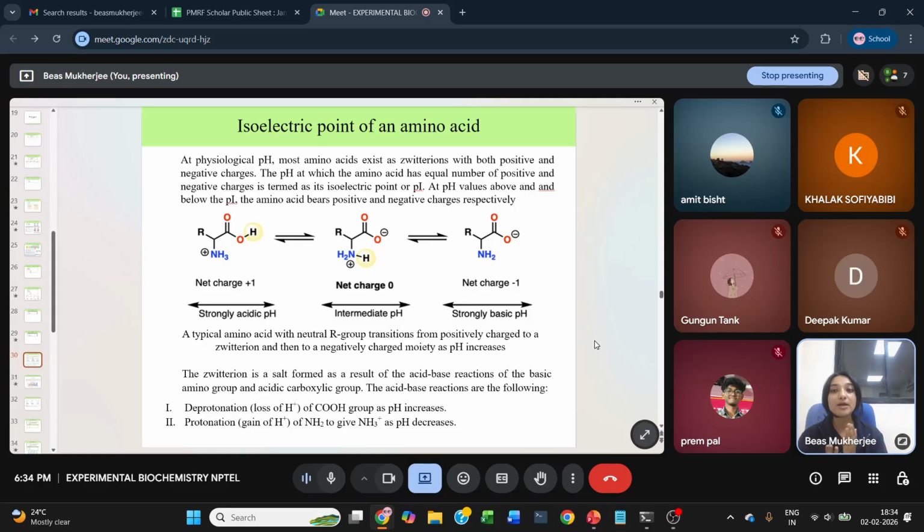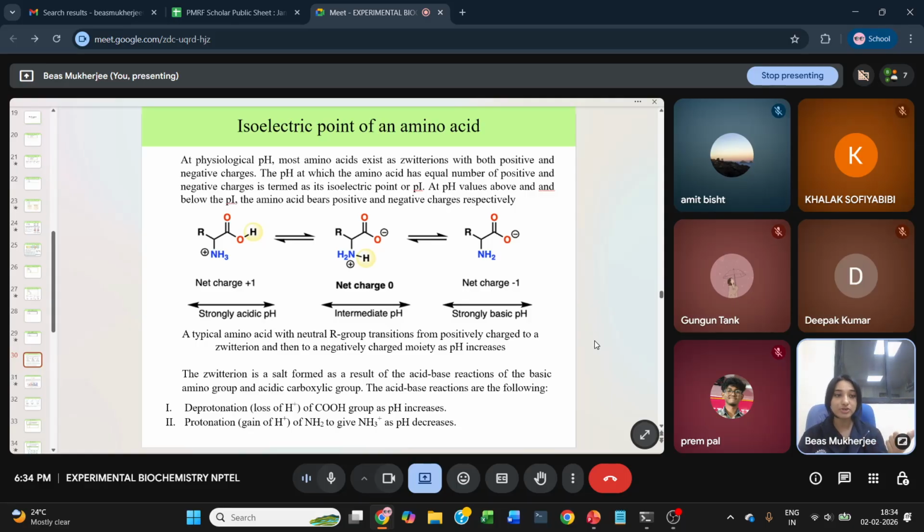Okay, so a typical amino acid with a neutral R group transitions from a positively charged moiety to a zwitterion and then to a negatively charged moiety as the pH increases. The zwitterion is a salt. So the zwitterion is treated as a salt because it has both positive and negative charges, right? This is a result of acid-base reactions of the basic amino group and the acidic carboxylic group. The acid-base reactions are as follows.